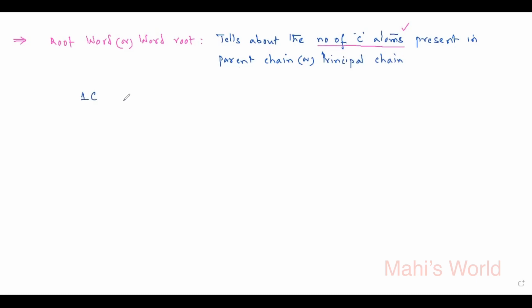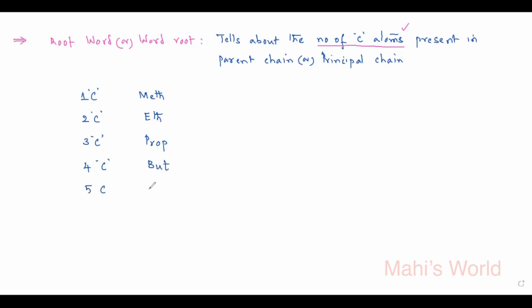For example, if there is only one carbon, then the root word is meth. If there are two carbons, the root word is eth. If there are three carbons, the root word is prop. Four carbons, but.